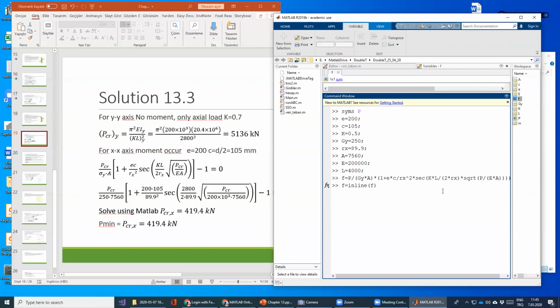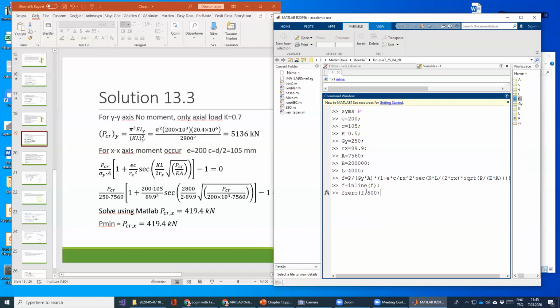Therefore, I want to use f equal to inline f. I assign it again to convert it to the f value, so f becomes an inline function. After that, fzero is helpful to compute the result. It is helpful to find the root of the function.